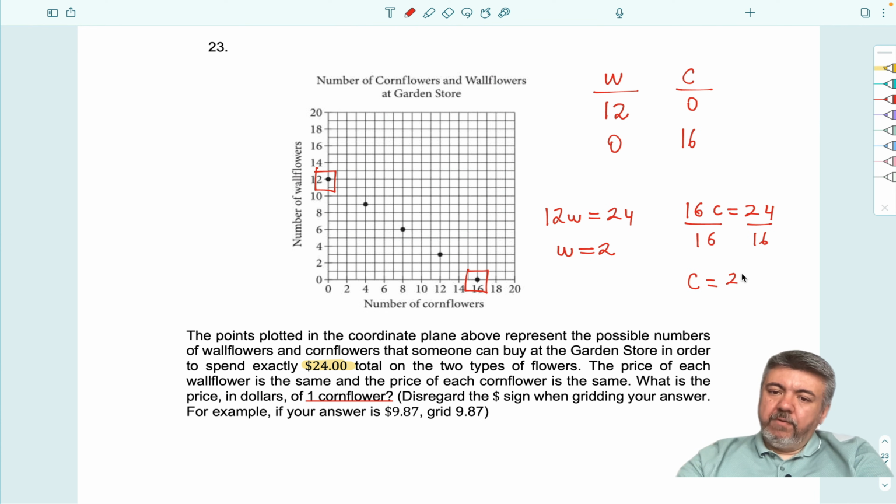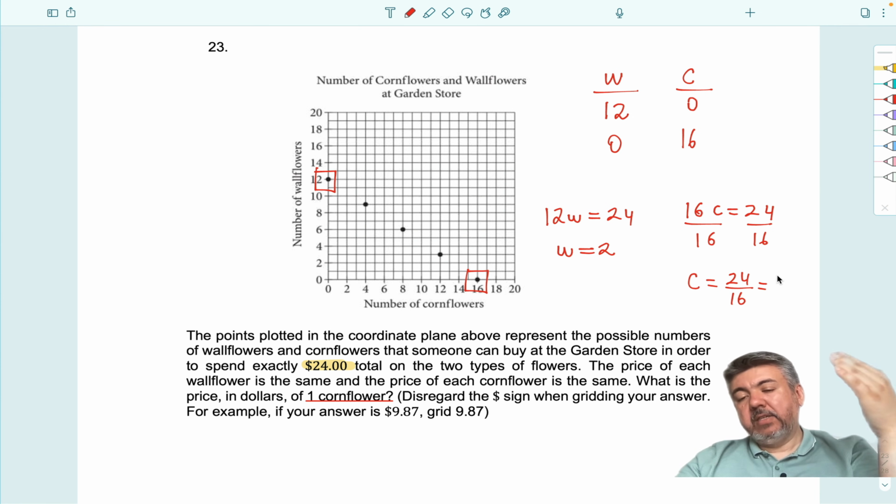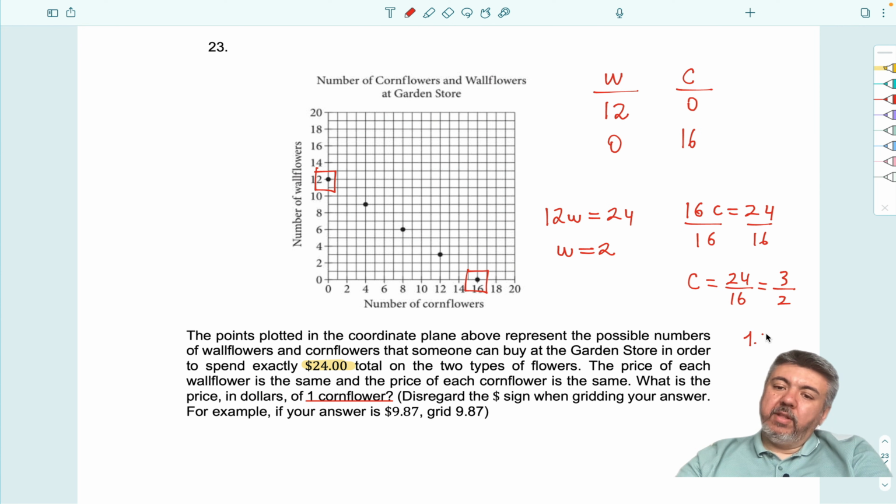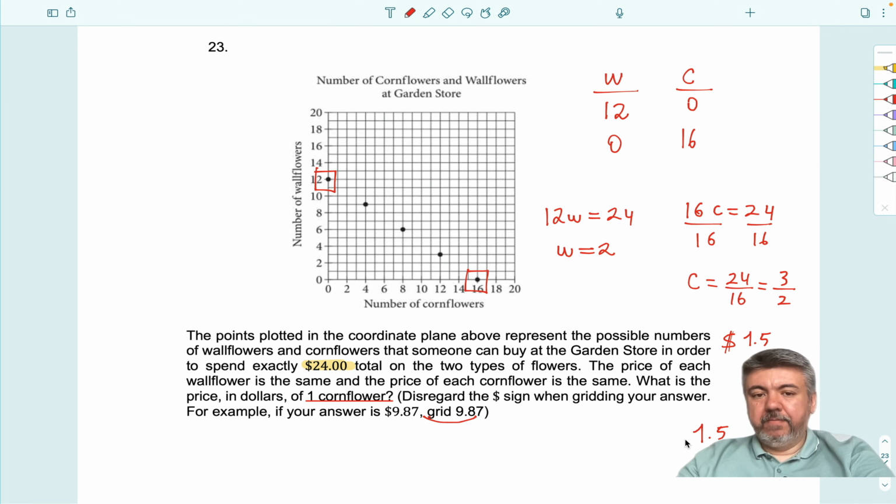C equals 24 over 16. Cancel with 8, it's 3 over 2, $1.5. It says do not write in the grid with dollars, just 1.5 would be enough.